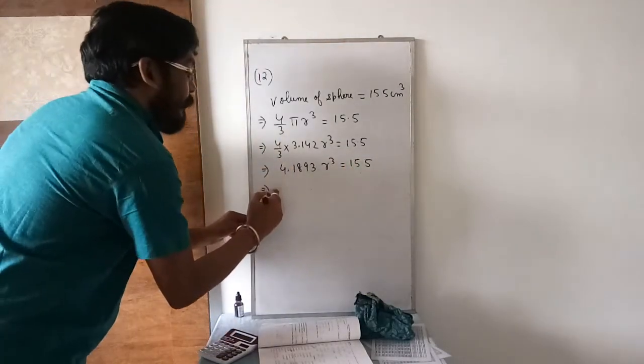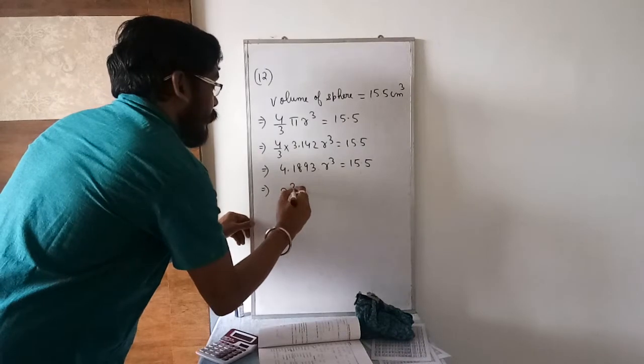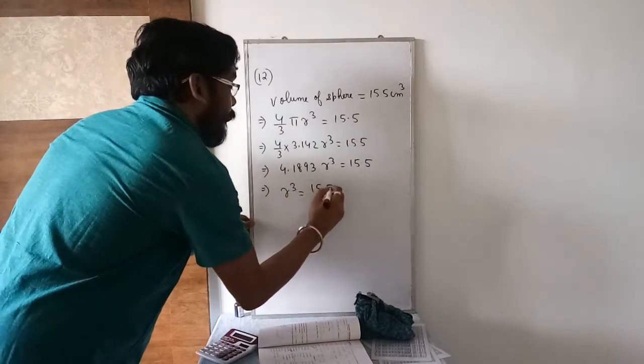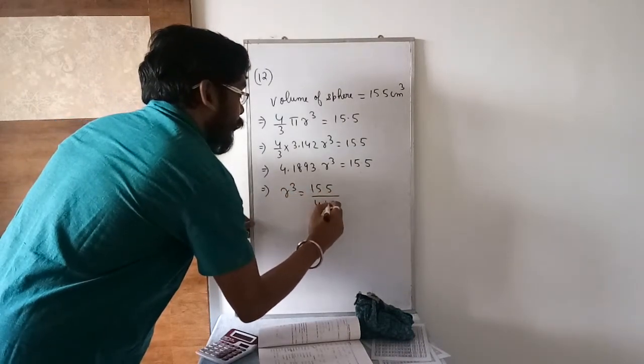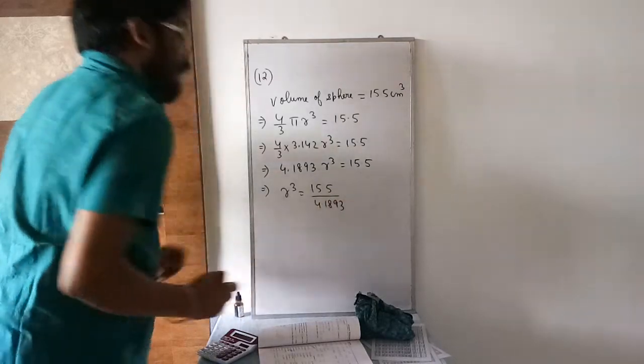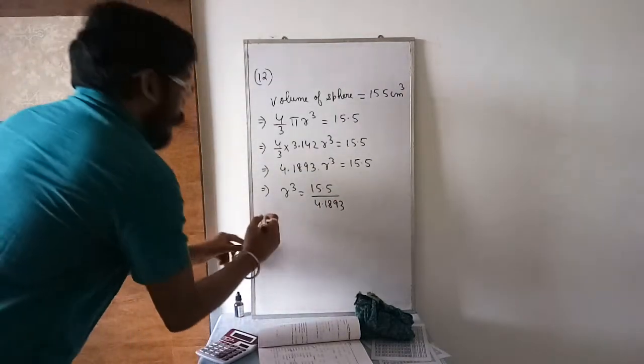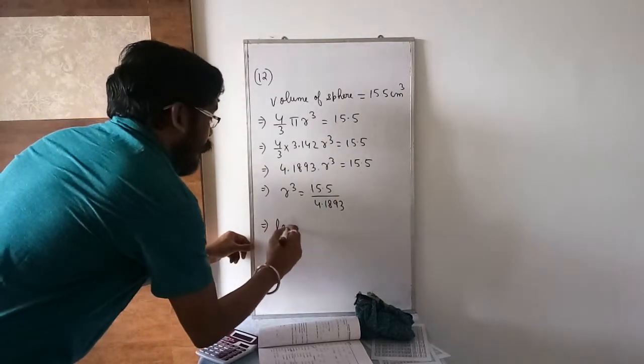Let me take this on the other side. It will be r cube equal to 15.5 divided by 4.1893. To get the value of r, I will take log on both sides.